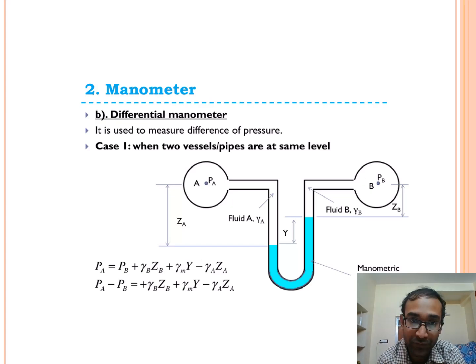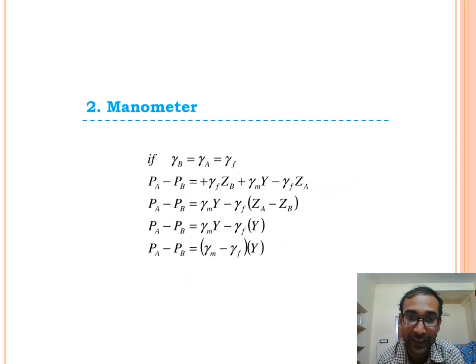In the first case, when the two vessels or pipes are at the same level, we cross check the left hand side pipe and right hand side pipe, where the pressure is the same. So we can find Pa minus Pb equals gamma B into Zb plus gamma m into Y minus gamma A into Za.